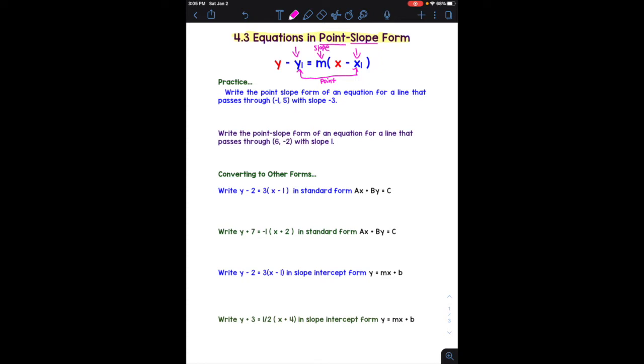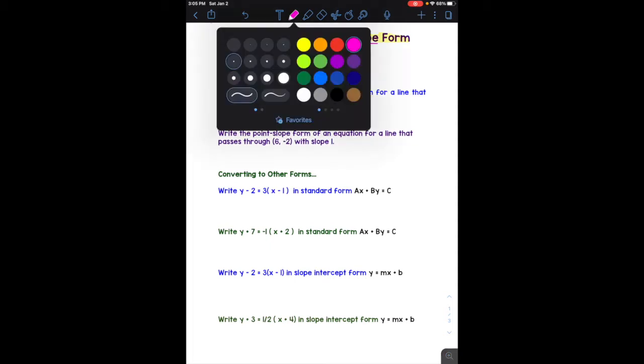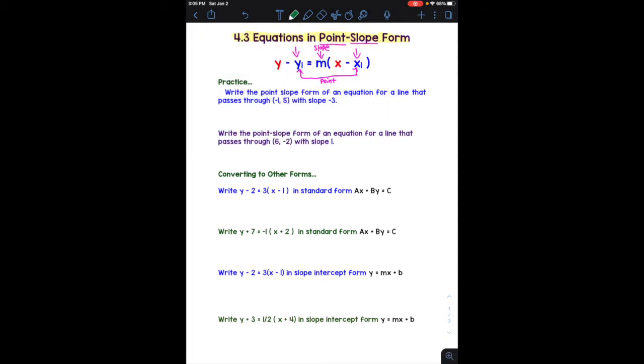So let's take the first two problems as practice writing an equation in point-slope form, and it's usually the easiest form to write our equation in. The first one says, write the point-slope form of an equation for a line that passes through (-1, 5), so we have a point, and a slope of -3.